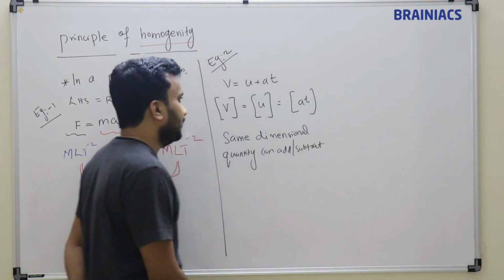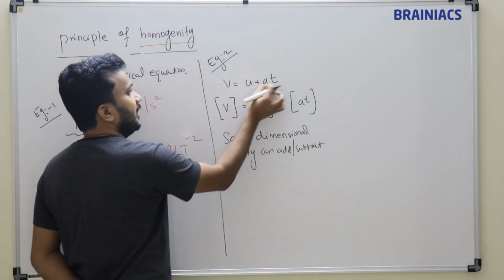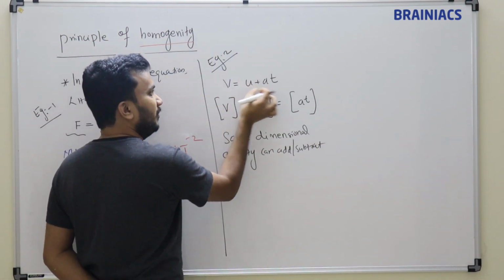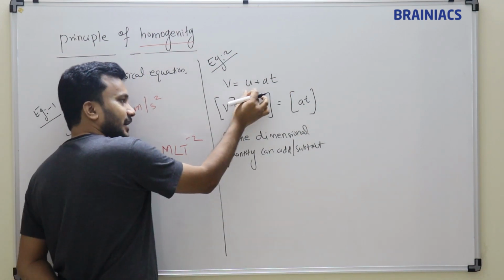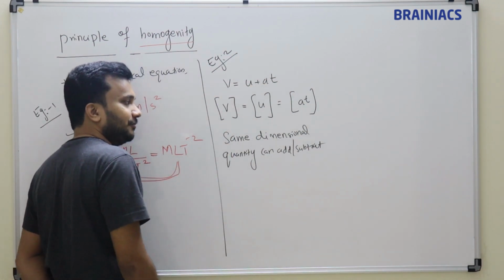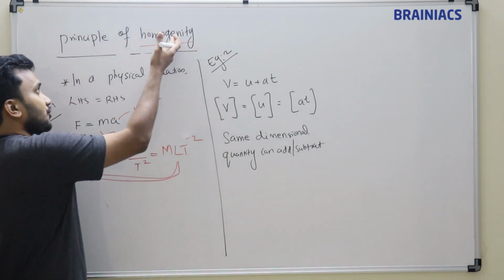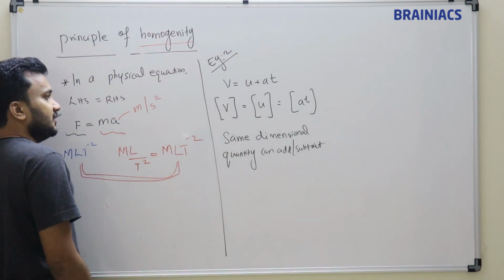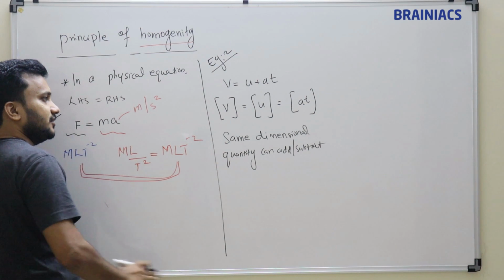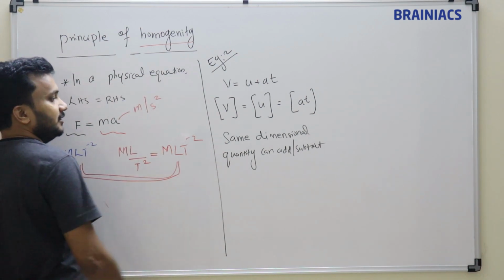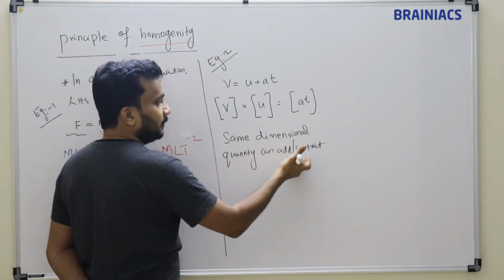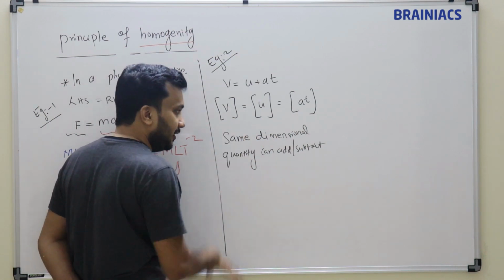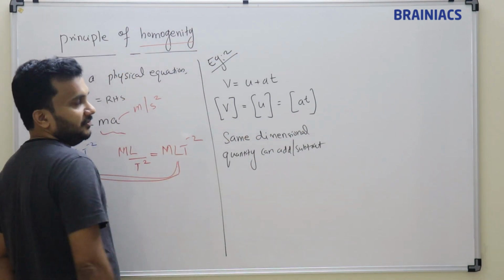Which means that they will have the same dimension. That's why we can add U with AT, because the dimension formula of U is equal to the dimension formula of AT. This is another definition of homogeneity. Homogeneity says that LHS of an equation equals RHS. Point number 1. Second point, quantities with the same dimension formula can be added and can be subtracted.